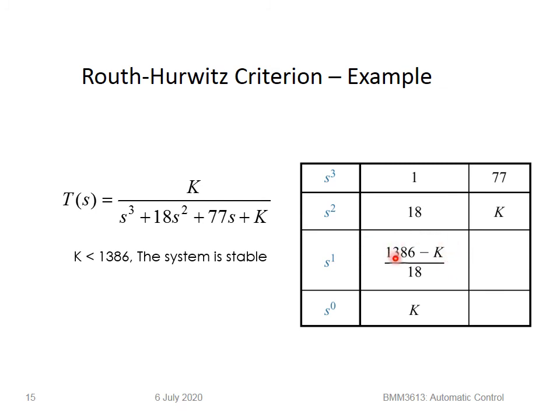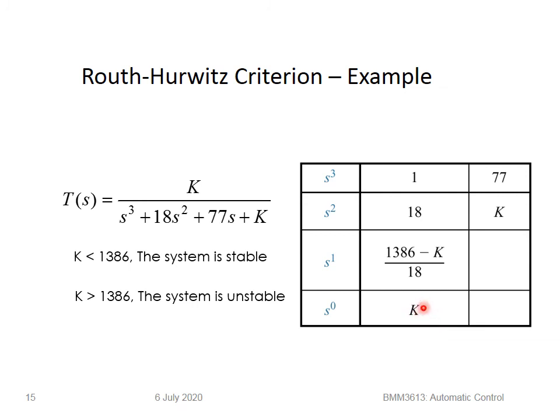For the system to be stable, this one also needs to be positive. So it can only be positive if K is smaller than 1386. So we can say that for any value of K smaller than 1386, the system is stable.